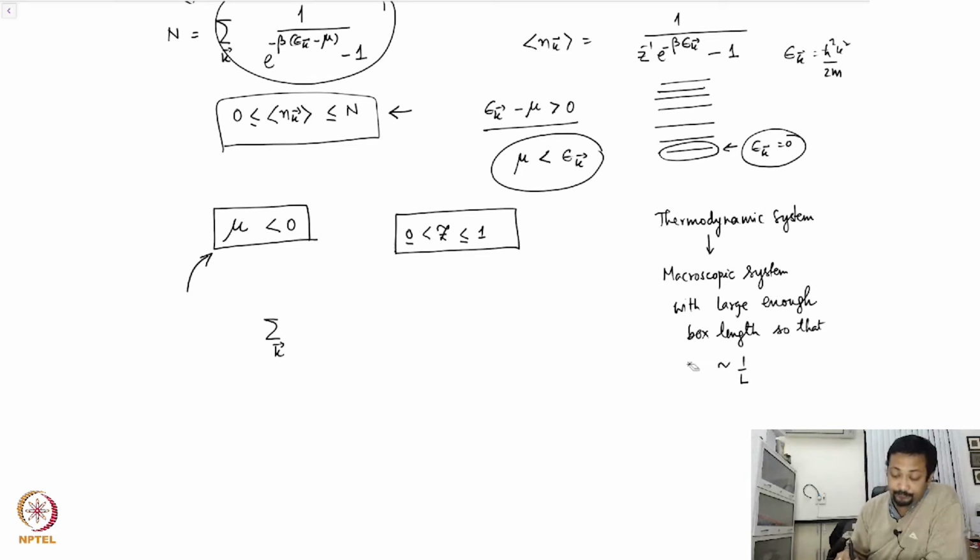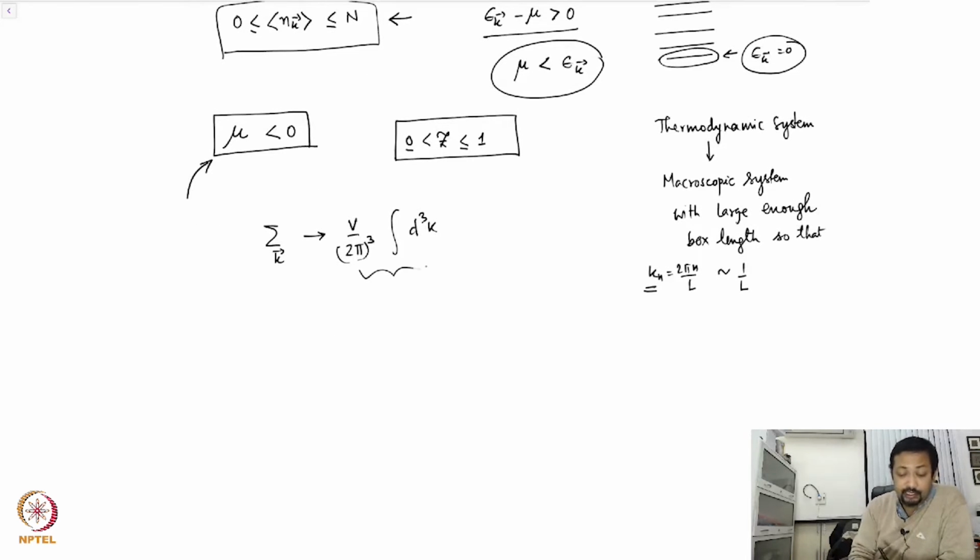The modes, the discrete k modes that we saw, k_n is 2 pi n over L. It goes as 1 over L. And consequently, the energy spectrum looks like a continuous spectrum. So the discrete sum over k can now be replaced by a continuous integral, which we did for the fermionic system when we looked at the ideal Fermi gas, and that goes as d cube k.